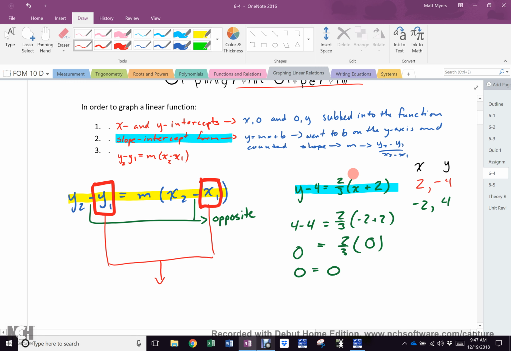What did they give us? They gave us the starting point, but what did we have to remember, Hannah? But its opposite of what's written.